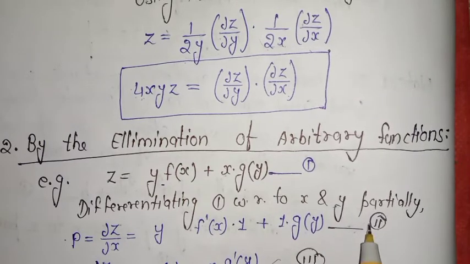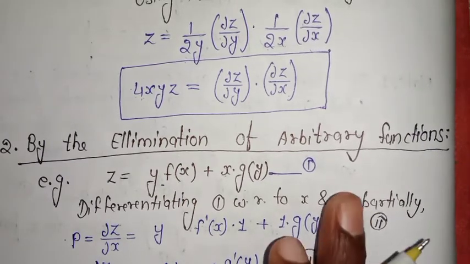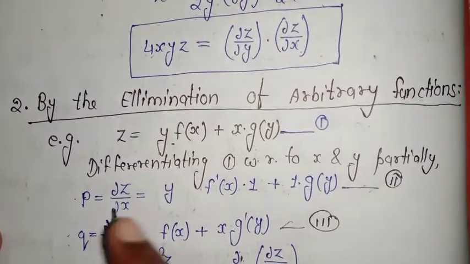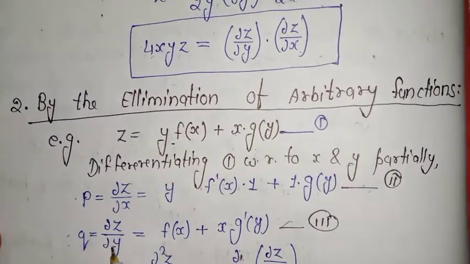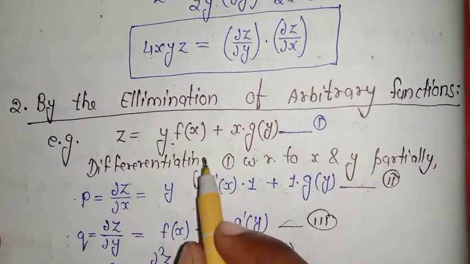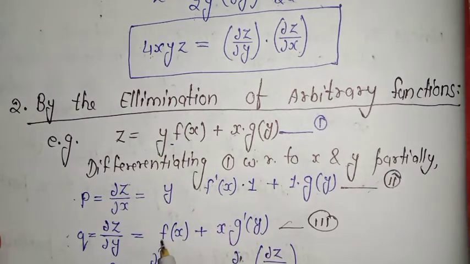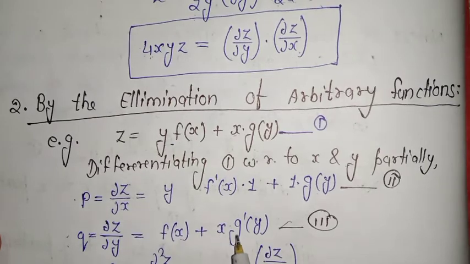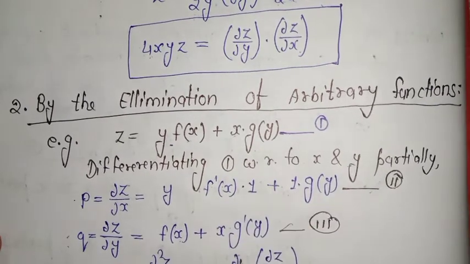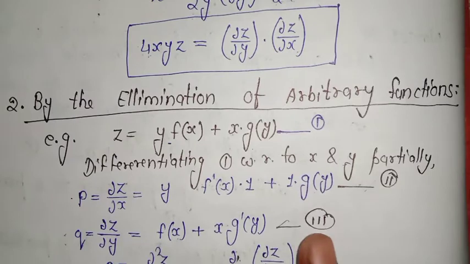This is our equation number 2. Now if we differentiate it with respect to y partially, this becomes q is equal to ∂z/∂y, which is f(x), because the derivative of y with respect to y becomes 1, plus x into g'(y), because the derivative of g(y) is g'(y). This is our equation number 3.